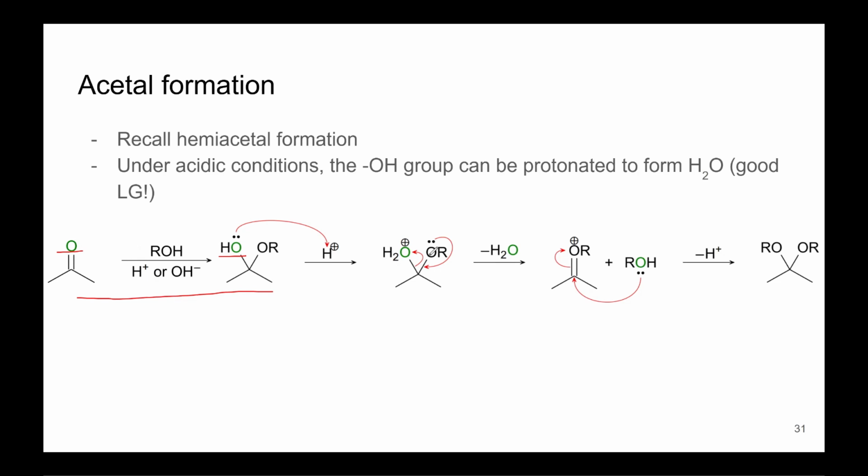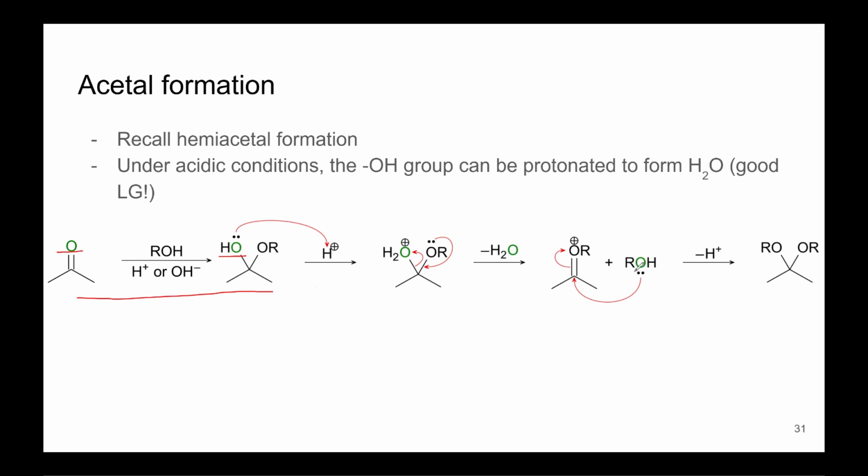So after that, your lone pair on the OR group can actually come down to kick out the H2O, giving you another reactive carbonyl compound, because here we see a positive charge on oxygen. It's a formal charge. So you know that this carbon is really electrophilic, even more electrophilic than the starting material.